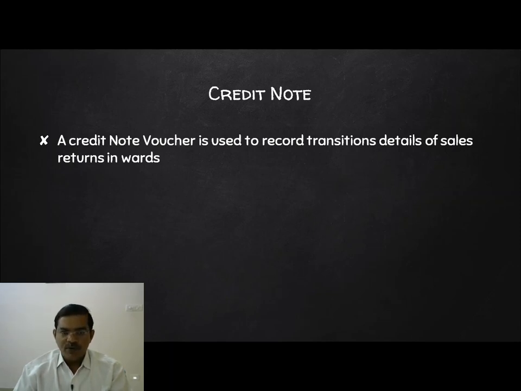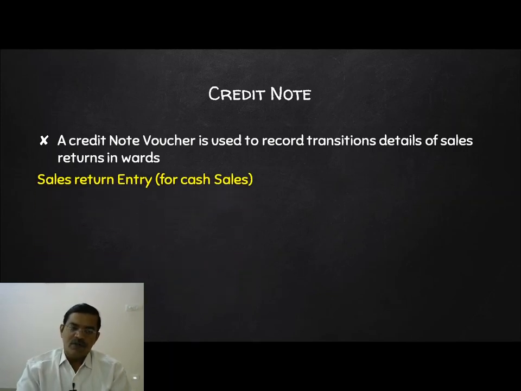Suppose our products are not suitable, their expected quality or quantity does not fulfill the requirement, they will also return the goods. At that time, what is the entry in cash sales? The cash sale entry is very simple: cash account debit to sales account.